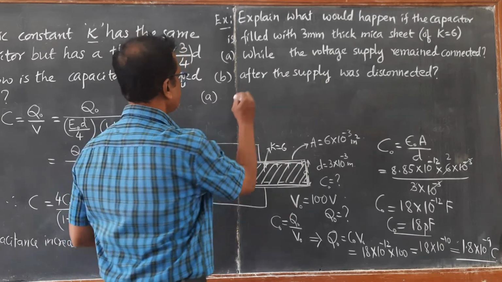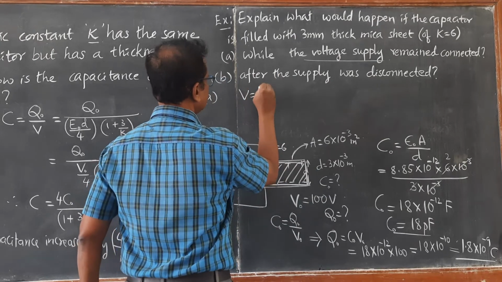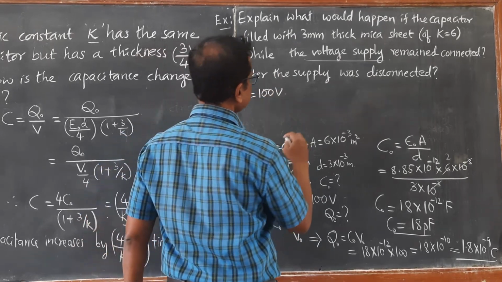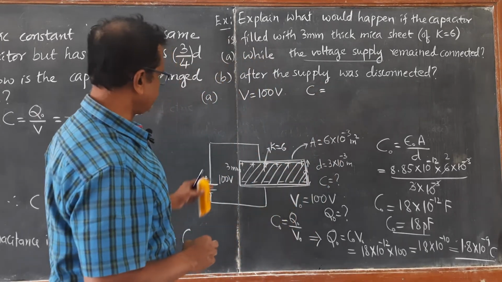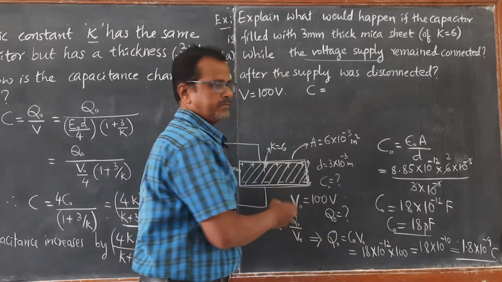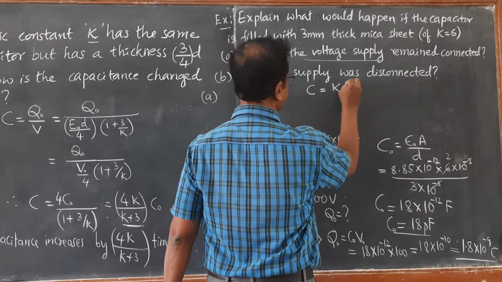First, when the voltage is still connected, V is equal to 100 volt, right? Then the capacitance C will be no more C naught now. Because of the insertion of the dielectric, C becomes equal to K times C naught.